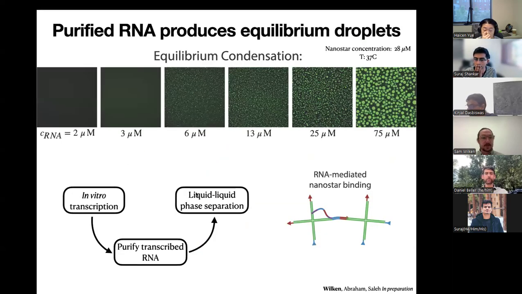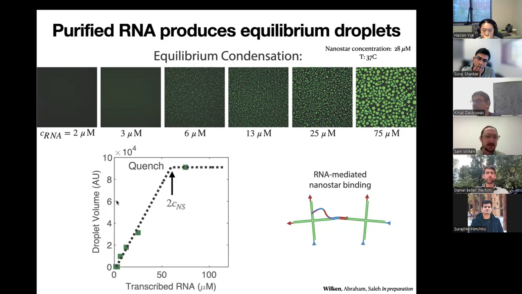So the first thing we do is we run a transcription reaction. We purify the transcribed RNA, and then we mix it back with nanostars in certain stoichiometries, and we find exactly what you would expect from an equilibrium phase separation process: where you add more RNA given a constant nanostar concentration, you get more droplets and larger droplets.